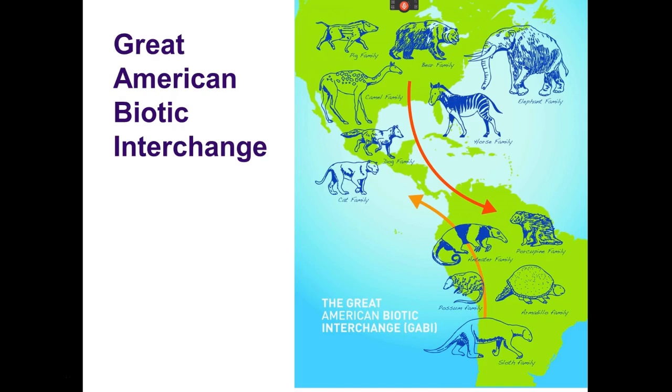When the isthmus was constructed, this facilitated what has become known as the Great American Biotic Interchange, which allowed species from North America to travel southward into South America, and in many cases leading to the extinction of species in South America.